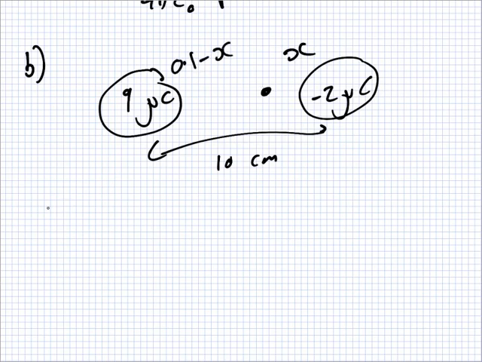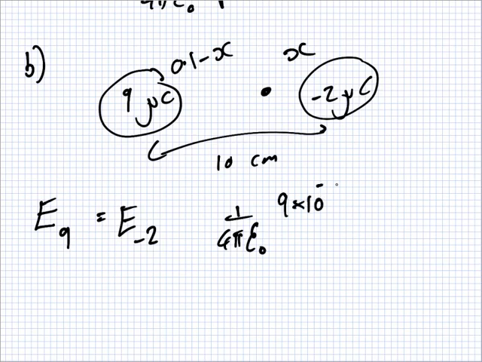So the electric field strength from the one on the left, I'll write an E from the 9, we want that to equal the E from the -2. And the formula for E is 1 over 4 pi epsilon 0 times 9 micro over 0.1 minus x squared.